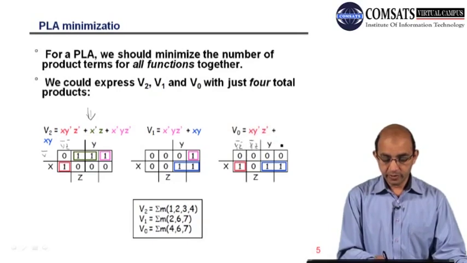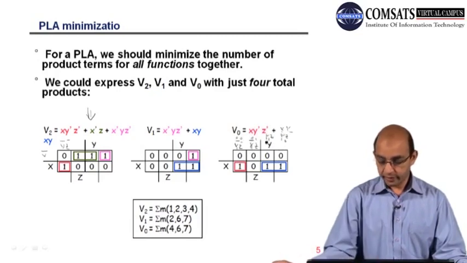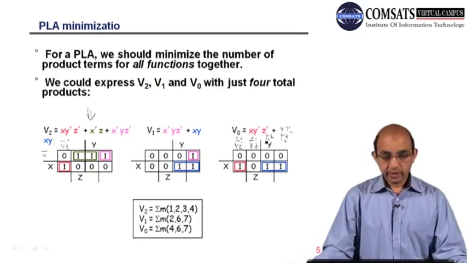Again 0 0, 0 1, 1 0, and here we have 1 1. For this we have y z bar and this is y z. Here z will be omitted, and we are left with x y. So again here we have x y.